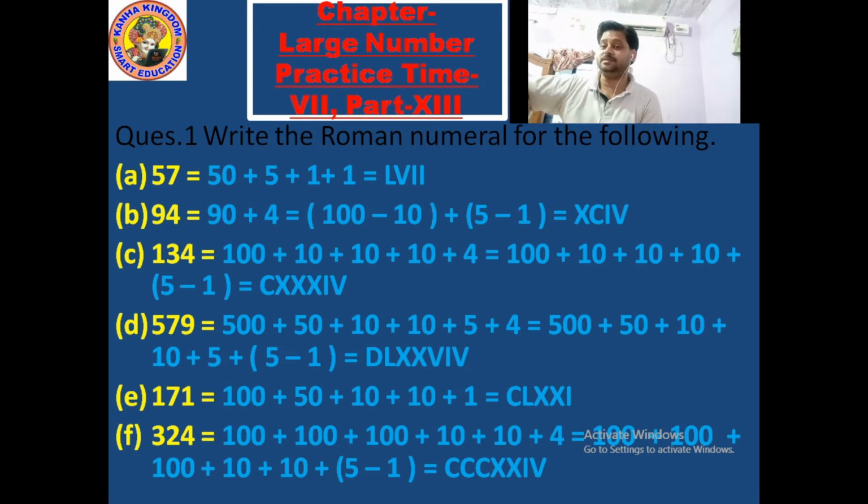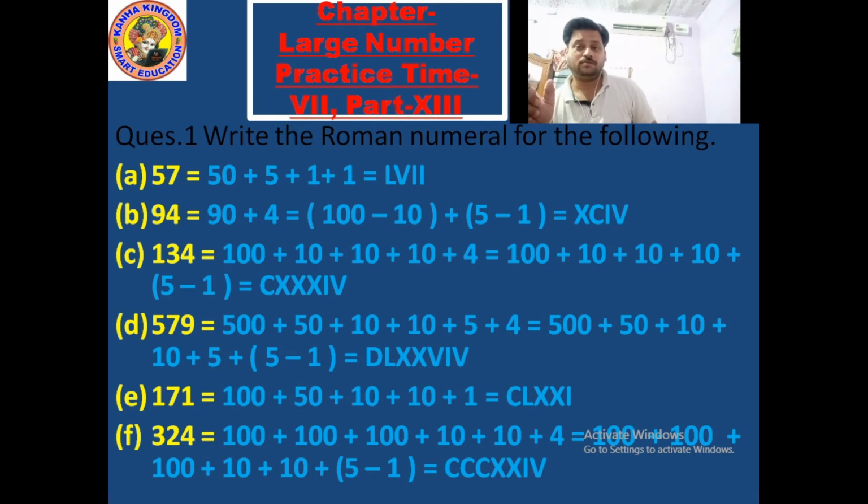Now it is very easy because, see here, you all know the value of 500. The 7 main letters, here D is also there. So the value of D is 500. So put D. Now 50 plus 10 plus 10 equals 70.